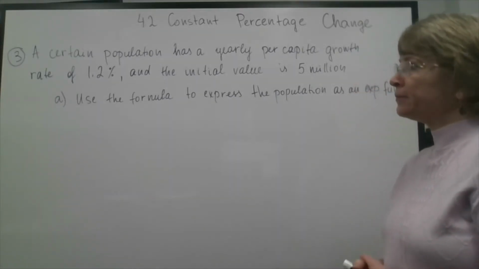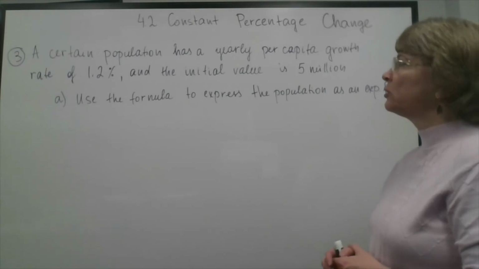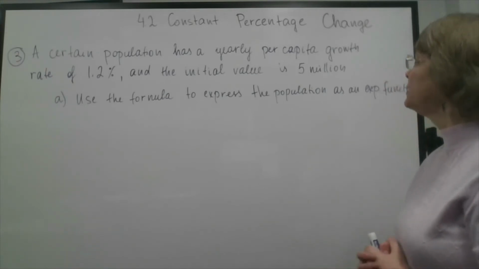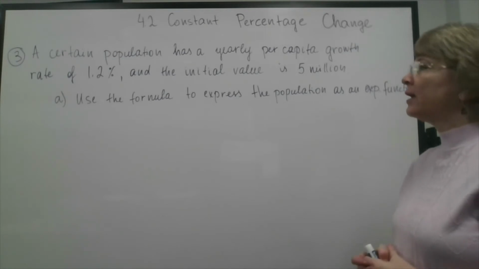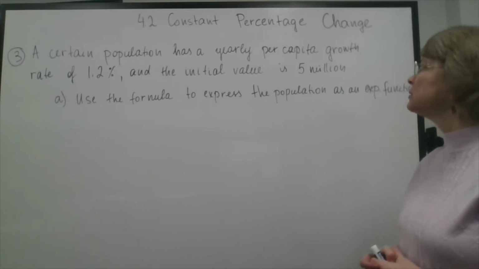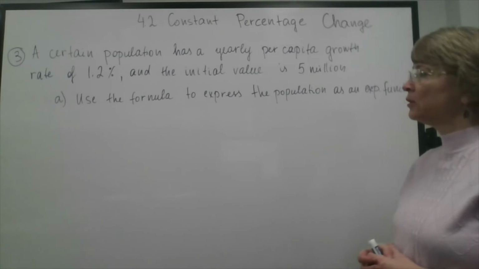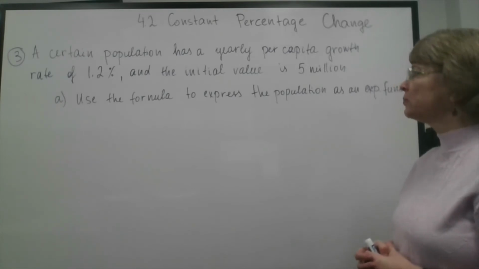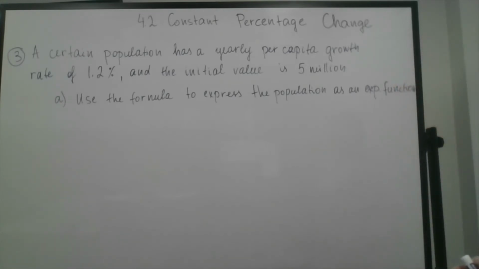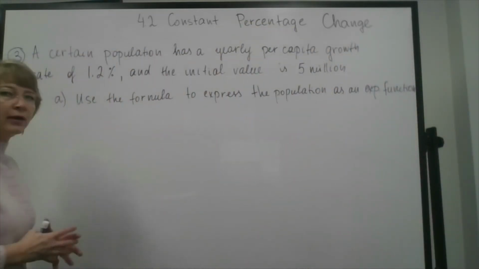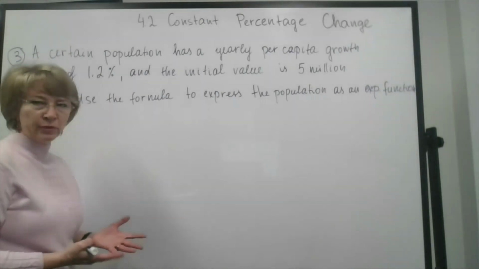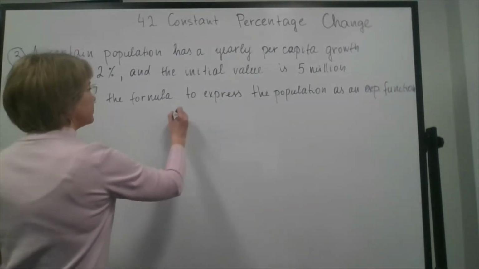Example number 3. A certain population has a yearly per capita growth rate of 1.2% and the initial value is 5 million. Use the formula to express the population as an exponential function. Okay, if we need to find an exponential function, we need to use a formula.